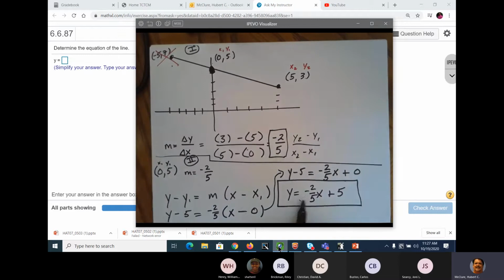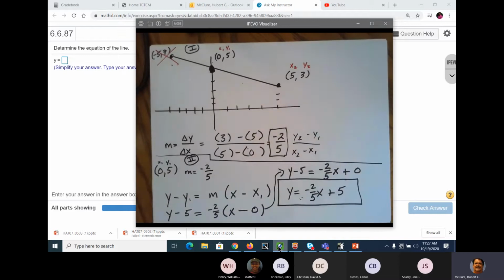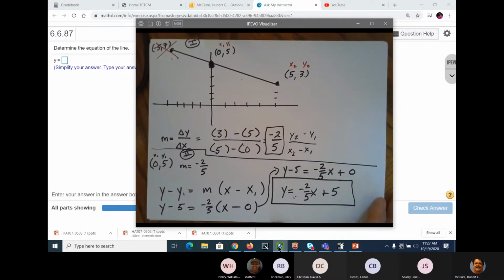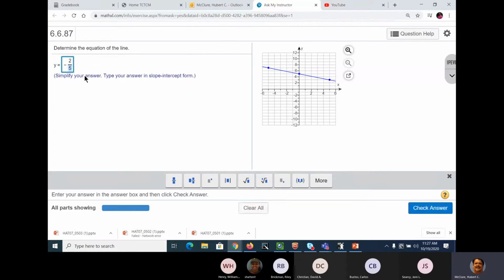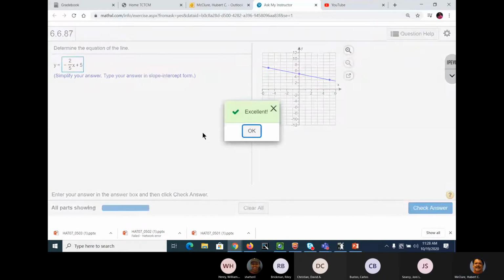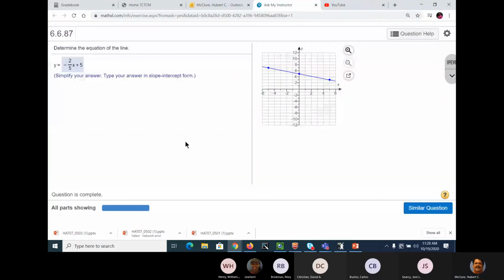And that is the equation for that line. So you type it in, negative 2 divided by 5, x plus 5. And that is a test question.